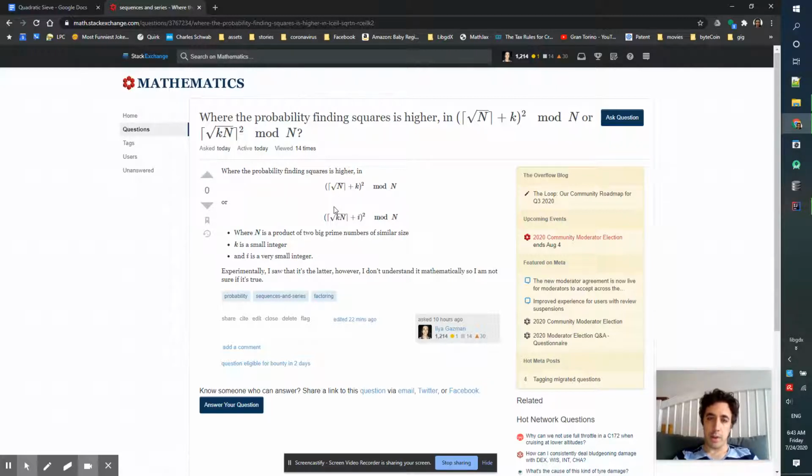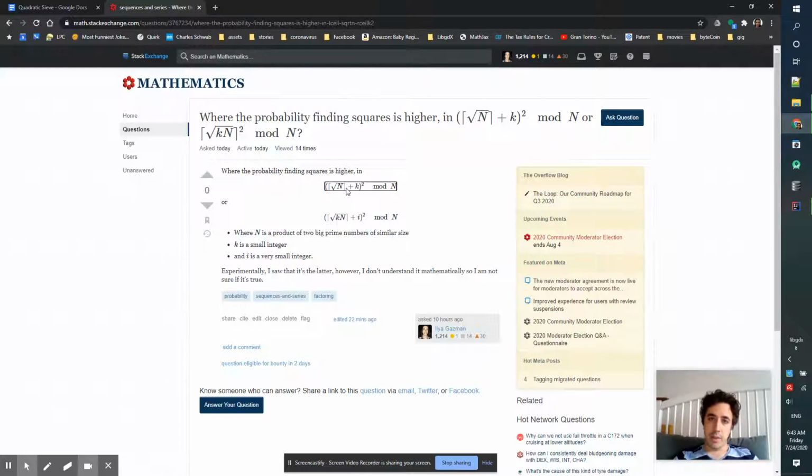It will be between square root of n and n until it will reach 2n, this expression, and then the mod loop will repeat itself.